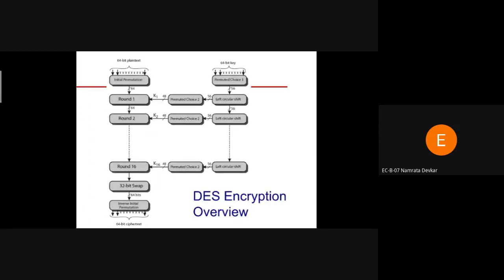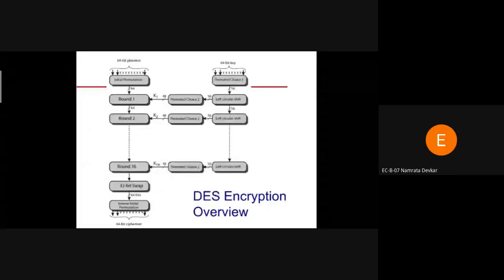The 24 bits are provided to the left side and the 24 bits are provided to the right side. Okay, so we provide it to one round, and we can provide the same key to the number of rounds.